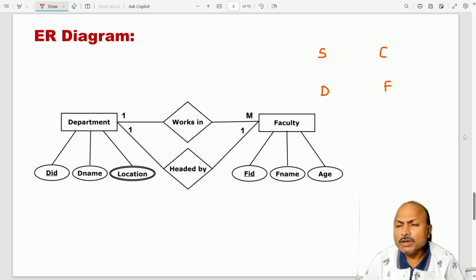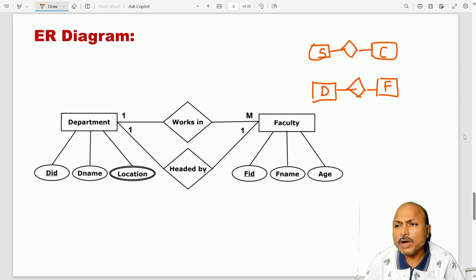You understood the first part of the ER diagram, student and course, and you understood the department and faculty part.